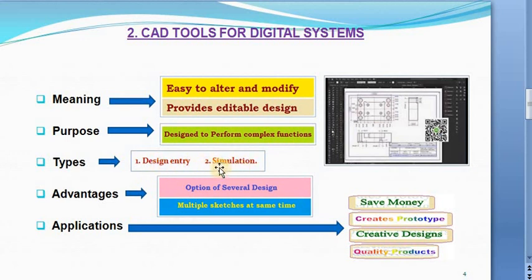Now the second important question is, what is simulation? The simulation is basically the approximate imitation of the operation of a process or system. This means once the design entry is completed, it is tested for correct functionality using the simulation. Now, what is the CAD tool that performs this job?